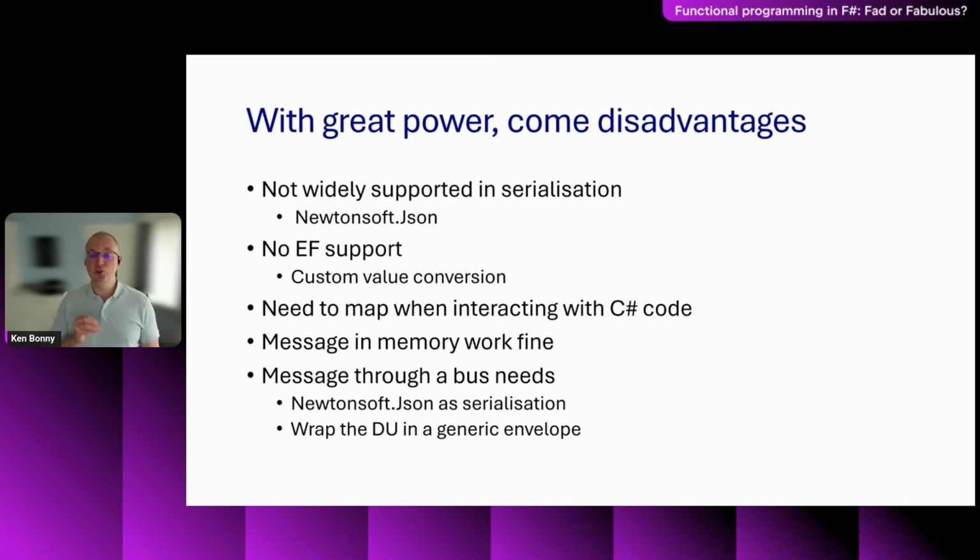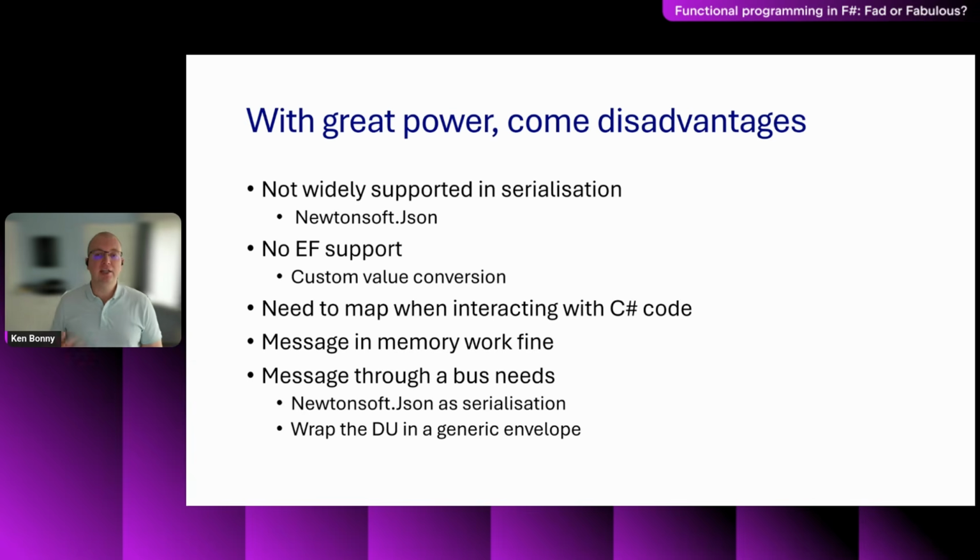What I usually do is I serialize my discriminated union to a text, to JSON, and I save that to the database in a column of my choosing. And then when I load it, I deserialize it again and assign it to the actual discriminated union type.